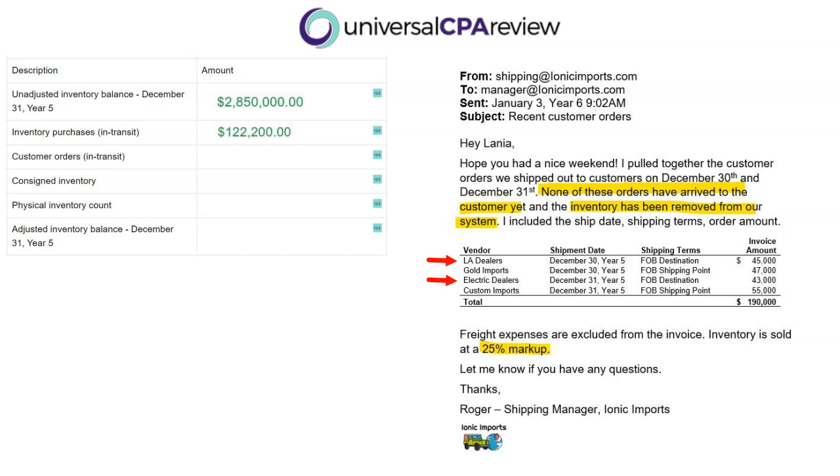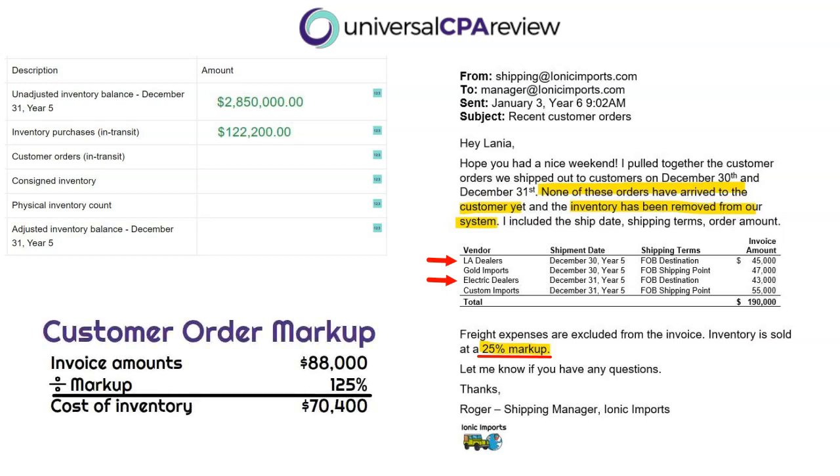So the two customers that have FOB destination are going to be LA dealers and electric dealers. Now, the other thing we need to recognize is that those invoice amounts are for the sale price and not necessarily the cost of the inventory. And the exhibit does tell us the inventory is sold at a 25% markup. So what we can do is perform a quick calculation to determine the cost of that inventory.